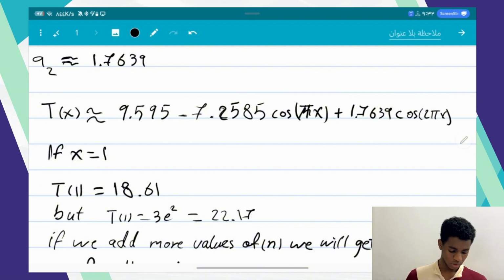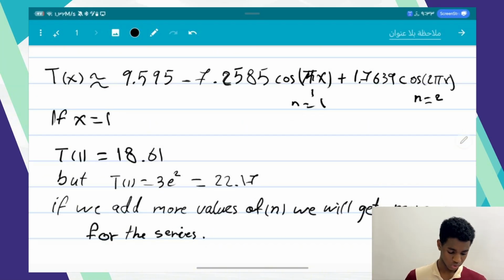So we use the formula for the Fourier series. We got T(x) is equal to 9.595 minus 7.2585 cos(πx), because n is equal to 1, plus 1.7639 cos(2πx), because n here is equal to 2.